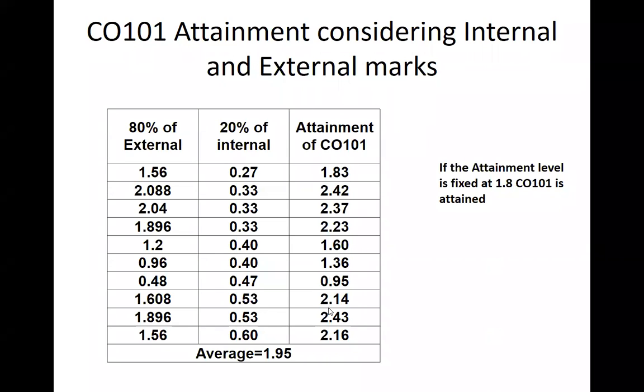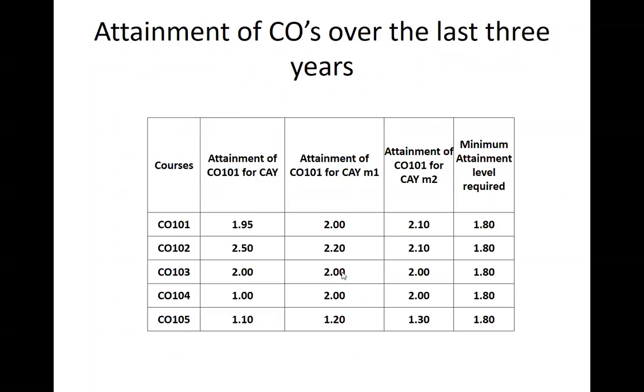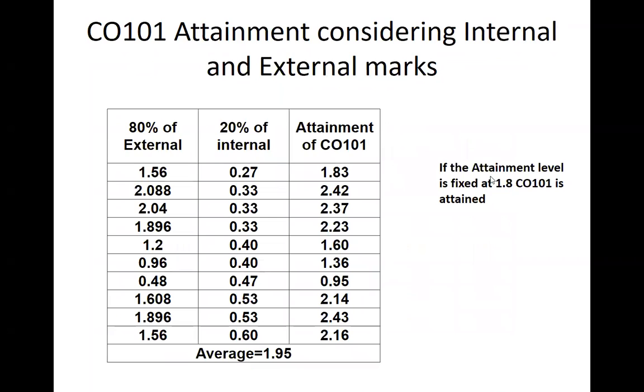And this will be the final attainment of the course outcome. And here we are fixing the attainment level at 1.8, which corresponds to 60%. So if a student crosses 1.8, he is supposed to have attained the course outcome.